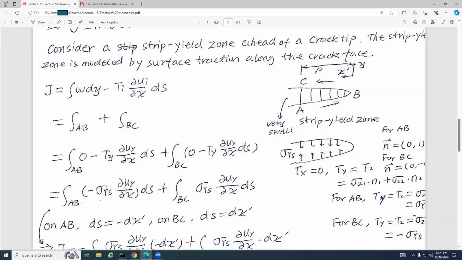Right? And then you can still use this equation and go through this process, and you will have sigma ys, and now duy dx ds. So this ds is the arc increment, from this arc. So this is ds.